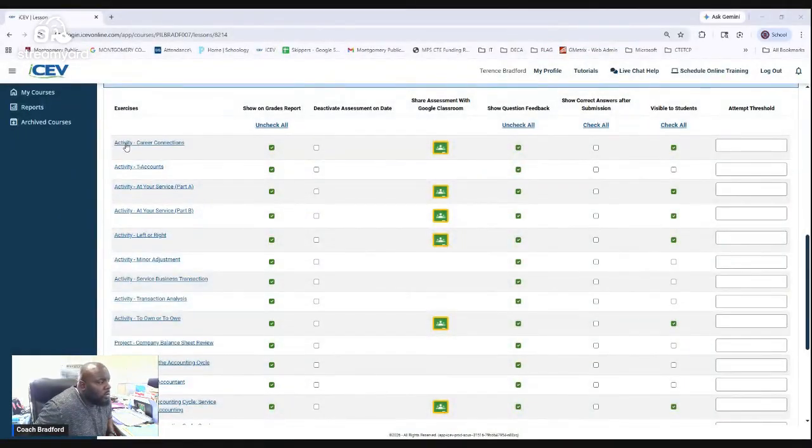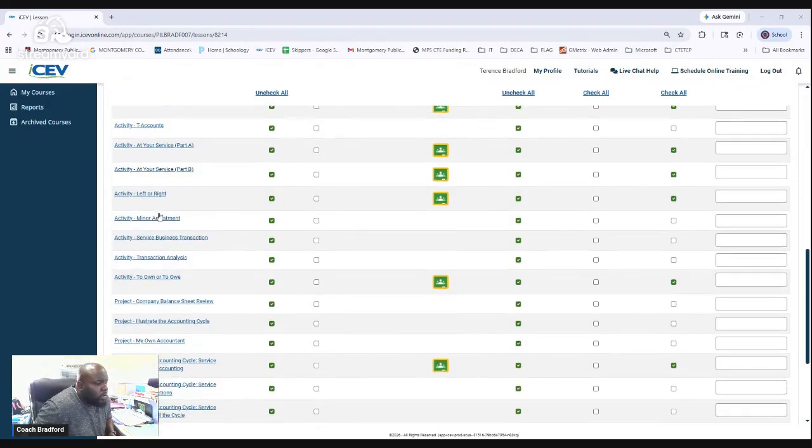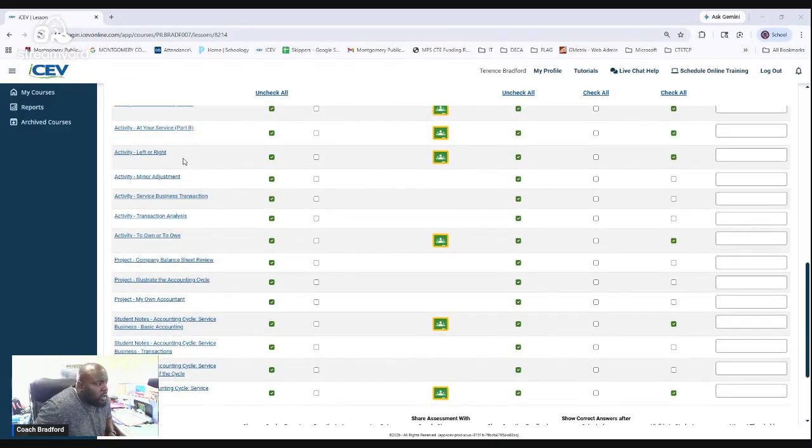So things I know that we want to do. Okay. Career connections. Should have done that already, hopefully. Career connections will be graded at your service A and B. I remember assigning those. Make sure you do both of those. That's 3 things. Left, right, we'll be getting into that next. To owner, we'll be getting into that next. Student notes should be completed.